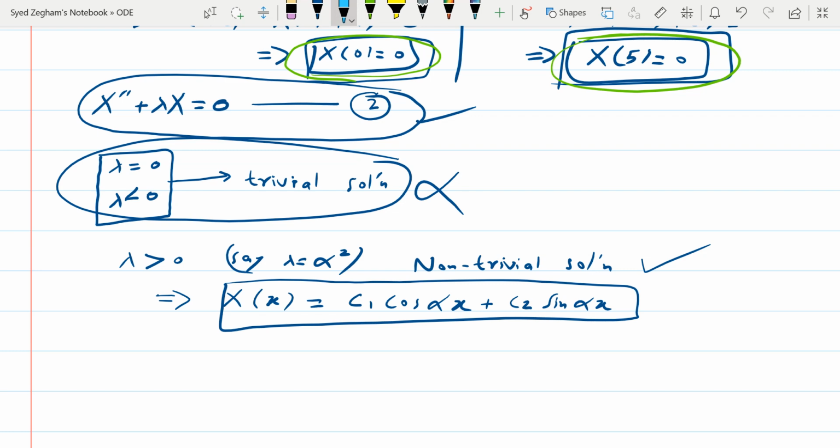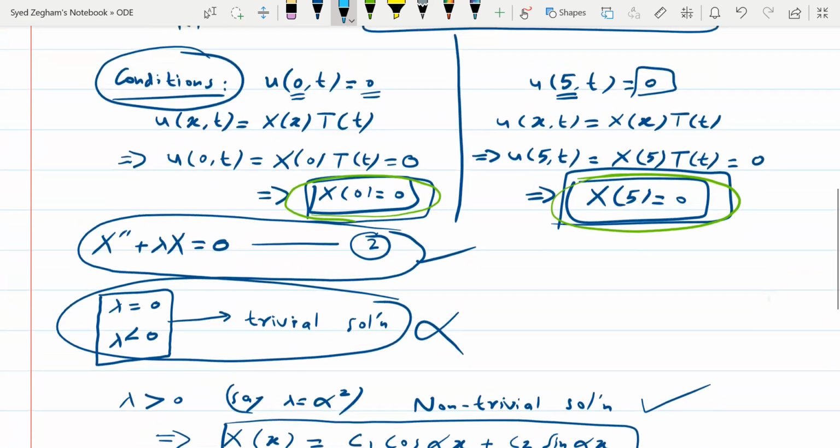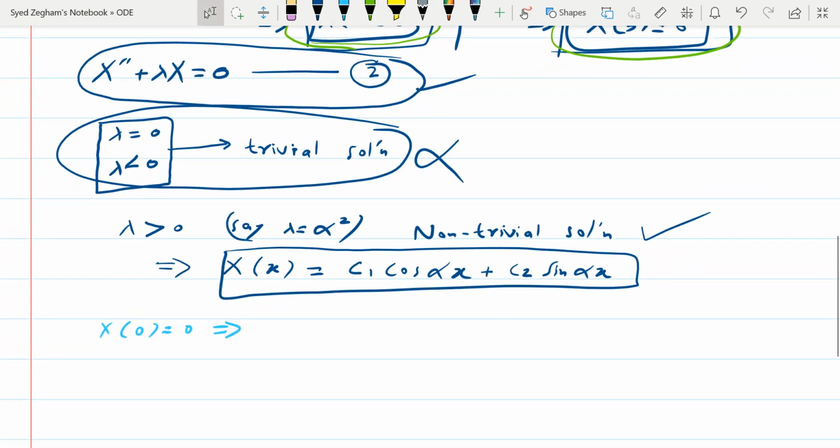If you see the first one, that X at 0 is equal to 0. Let us use this in our equation which we have written just now. Let us call it equation number 4.